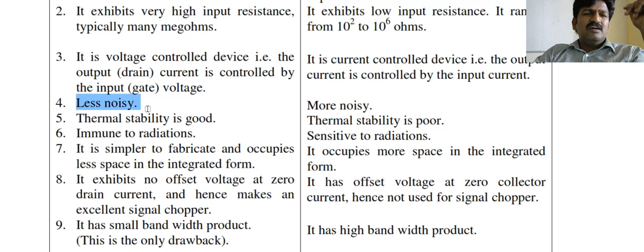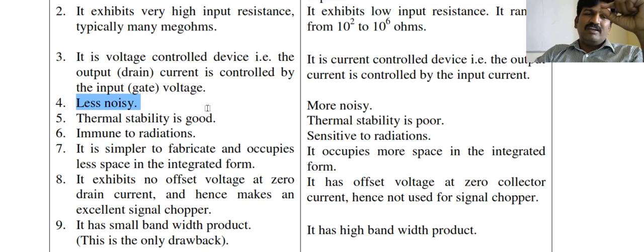And the FET is less noisy. Here, less noisy is due to the current being produced by the movement of free electrons or free holes, or else you can say due to the movement of majority charge carriers only.